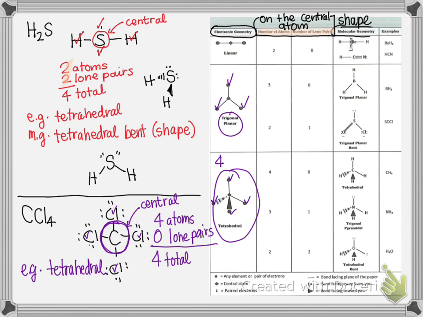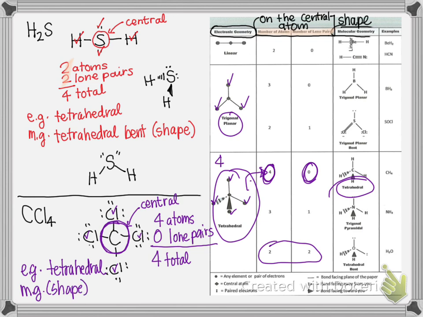So for tetrahedral, this is 4, 0. Last time we were at 2, 2, but that's not what we have. We have this one right here: 4 atoms, 0 lone pairs. So 4, 0 is also called, the molecular geometry or the shape is also called tetrahedral.